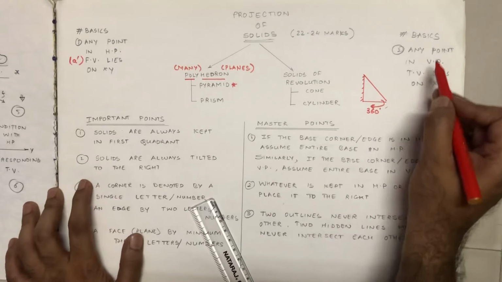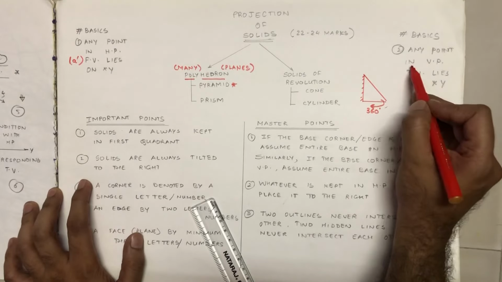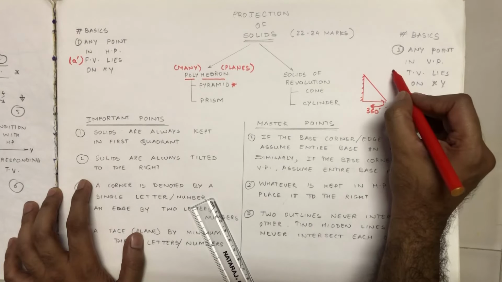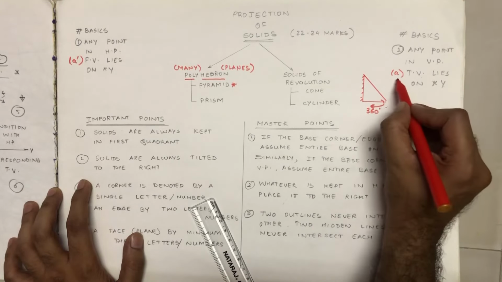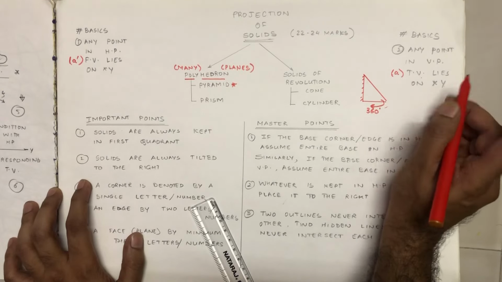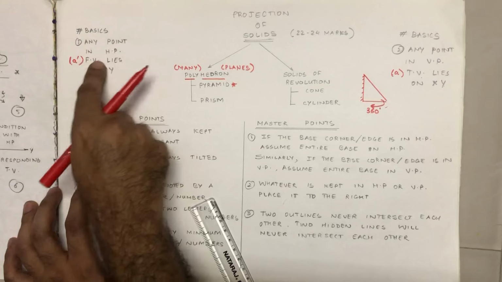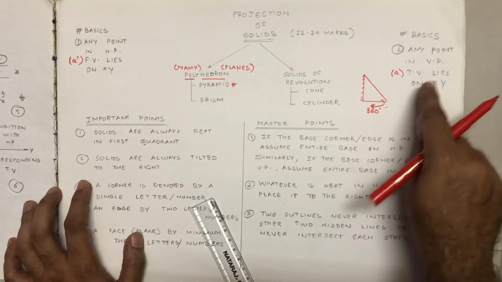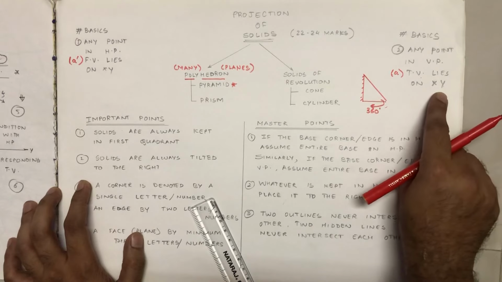Once again, any point in the VP, the top view lies on the XY. The top view is denoted only by a small letter. Please remember, any point in the HP, the front view lies on the XY. Any point in the VP, the top view lies on the XY.